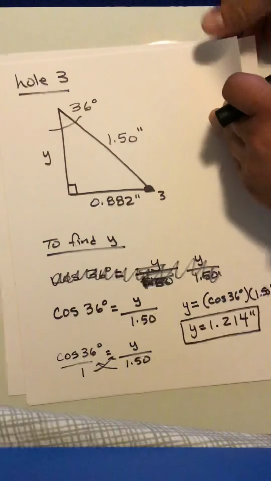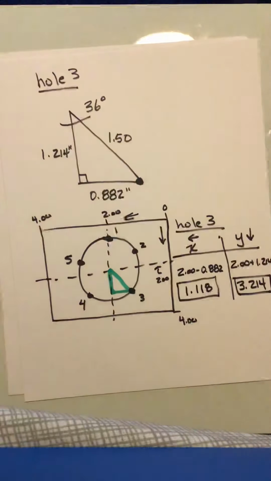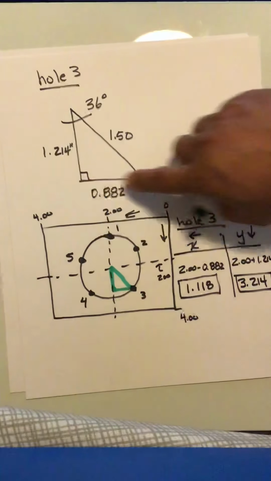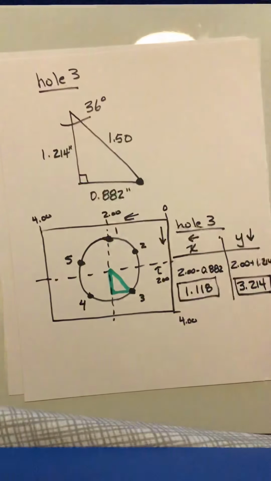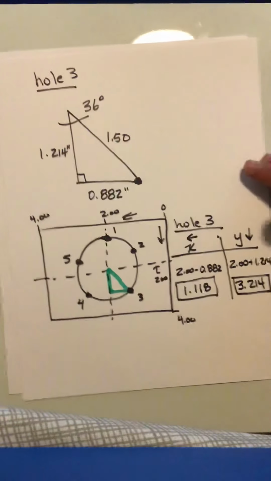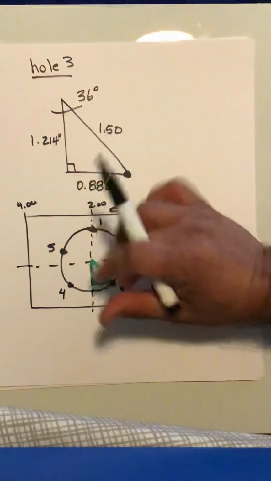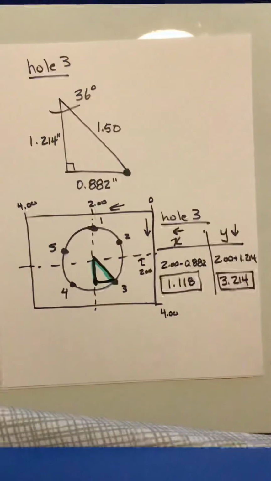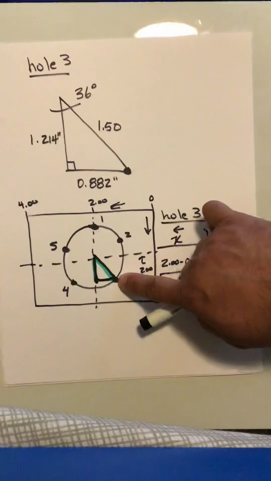As you see, this is what I have for my triangle, of this measurement and that measurement. Now what I'm going to do is take that measurement and put it back in our triangle, to find that location here.